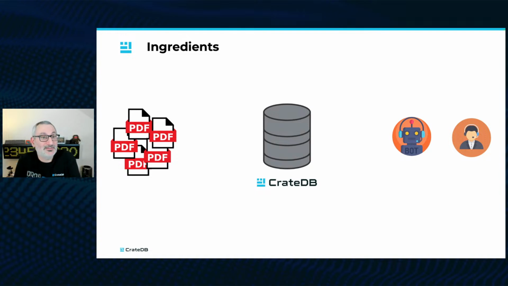We're using CrateDB today because this is a CrateDB live stream. And also because I wanted to show you CrateDB's ability to do what's called hybrid search. So we're going to mix and match a traditional keyword type search, extract important words from the user's query and look for matches in the database with them. And we're going to combine that with vector similarity or semantic search.